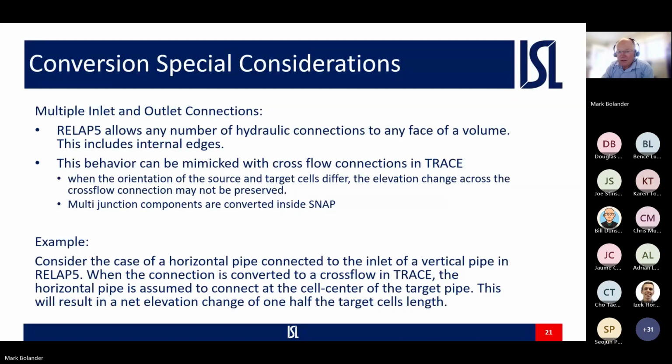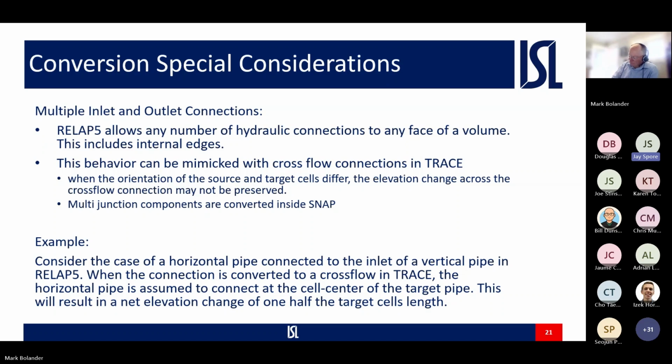Mark, this is Jay. I may not understand the issue, but on those side junctions, when you say it has an angle of 0, then that side junction is connected to the inlet of that fluid cell. And if you say it's 180 degrees, then that side junction is connected to the outlet of the TRACE fluid cell.